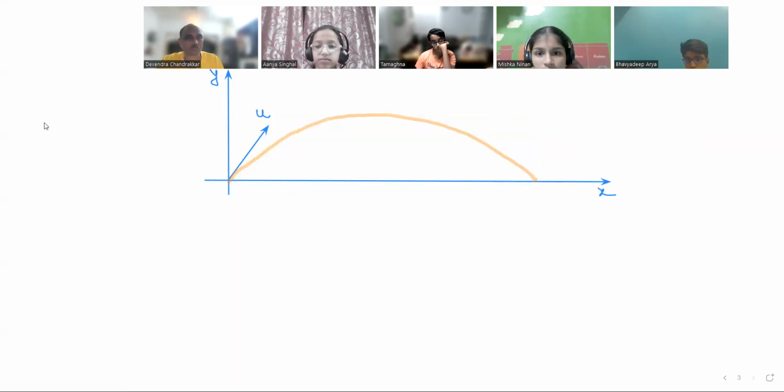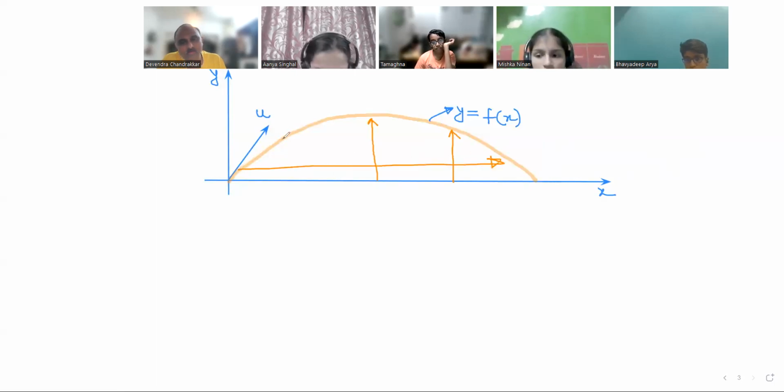Now, you want to find the expression for this orange line. So this is y as a function of x. All of you, please pay attention. So how will you write it? Think. You have this displacement along y-axis. You have the displacement along x-axis, right?